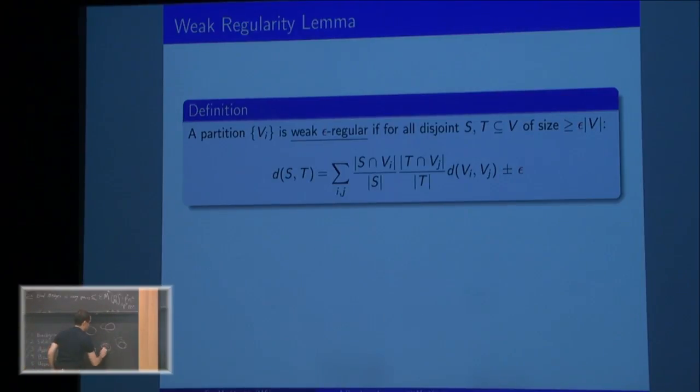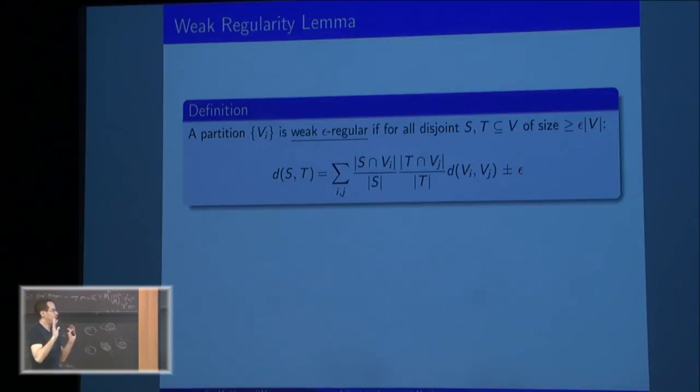Here is a subset. Here is a subset. Here is a subset. This is all one subset. This is S: the intersection of S with V1, the intersection of S with V2, the intersection of S with V3, and let's say this is T. T can also, by the way, contain elements there.